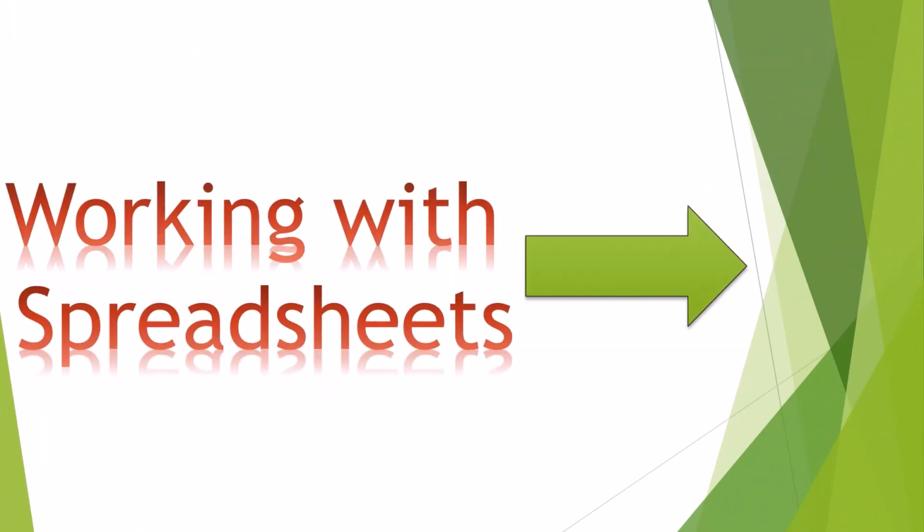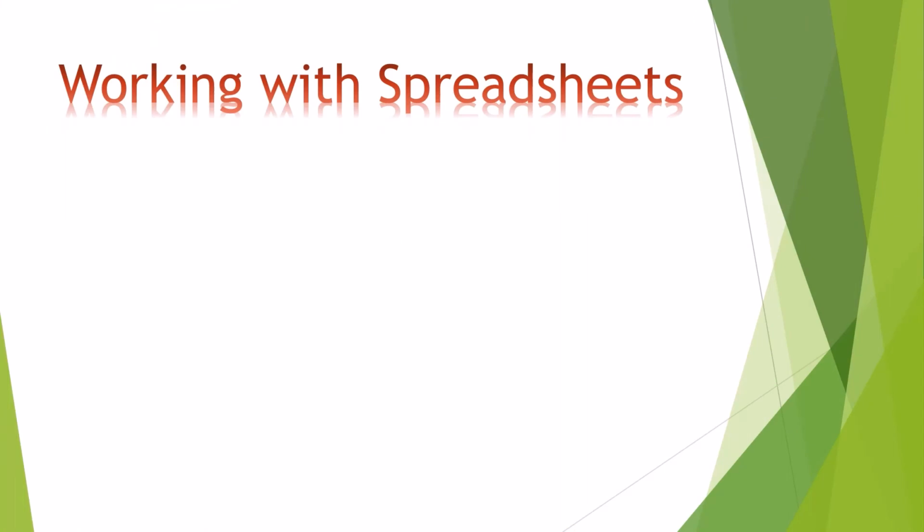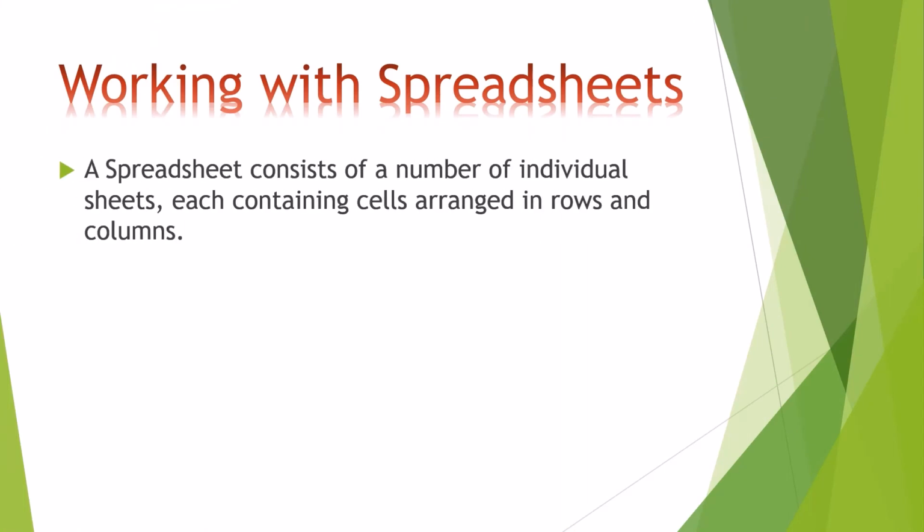Working with spreadsheets. Now here are some different ways of working with a spreadsheet, what to do in them, and what the different available options are. As you know, there are various sheets in the spreadsheet and each sheet contains a number of rows and columns.